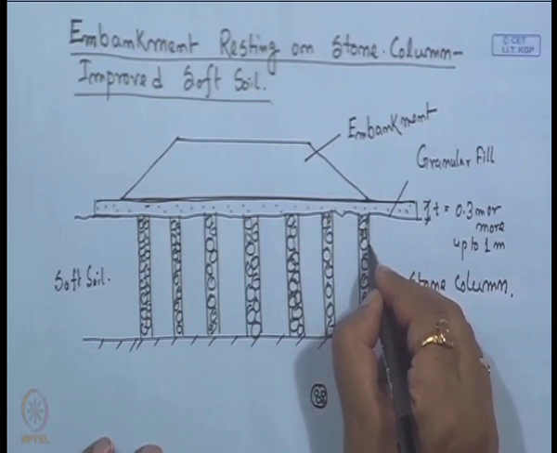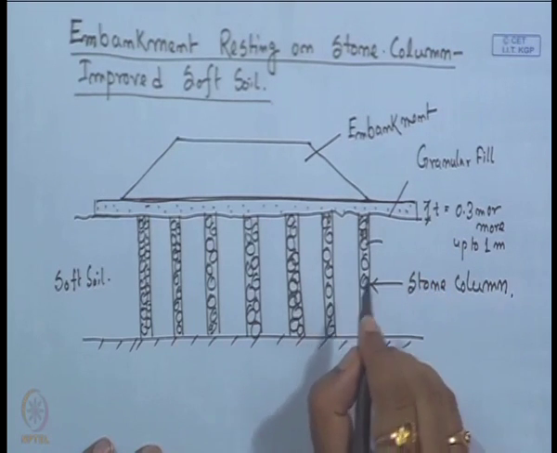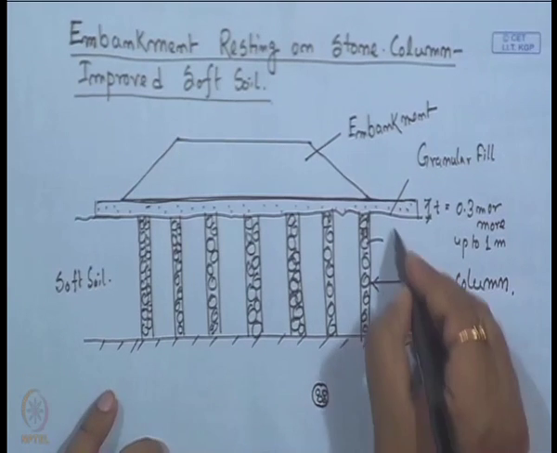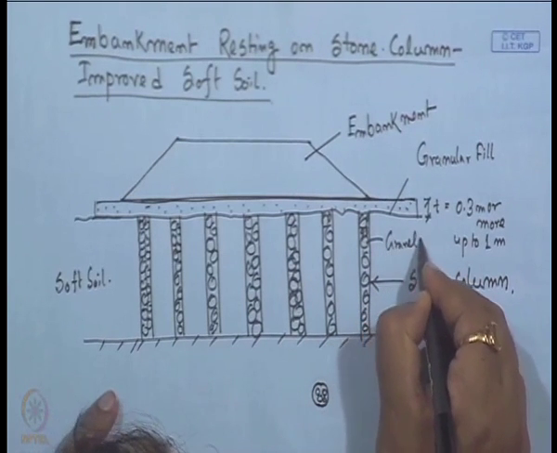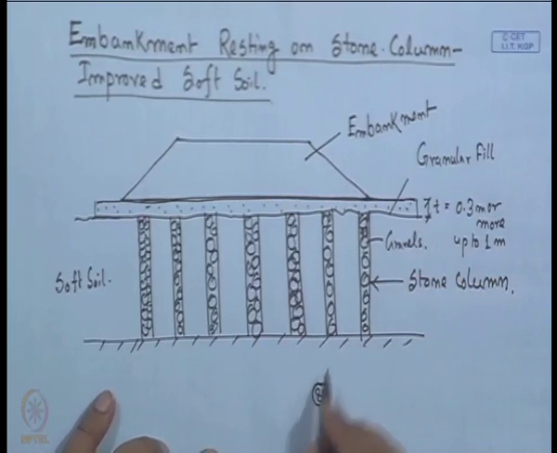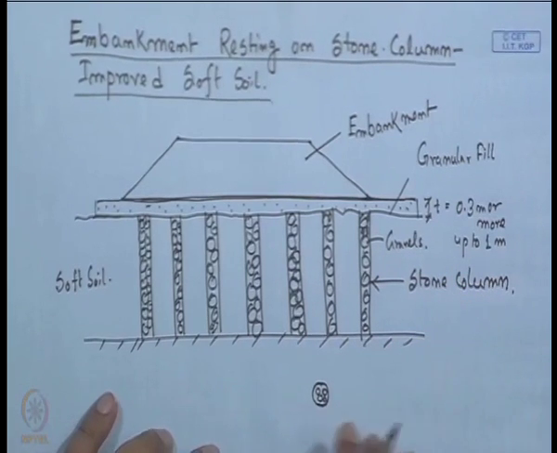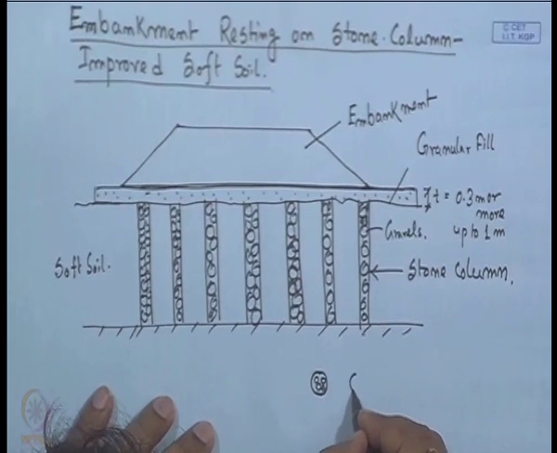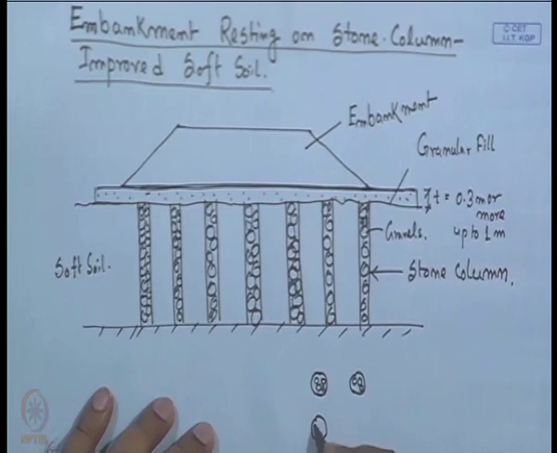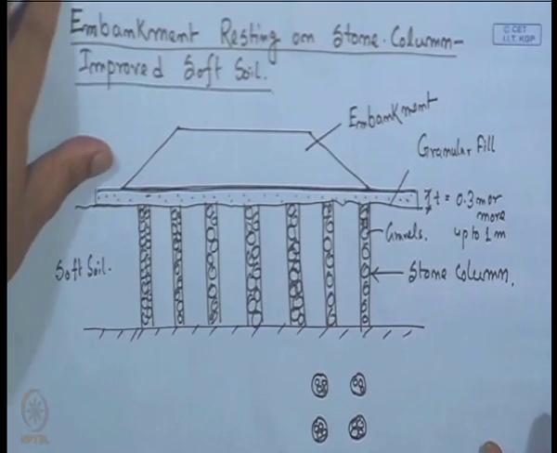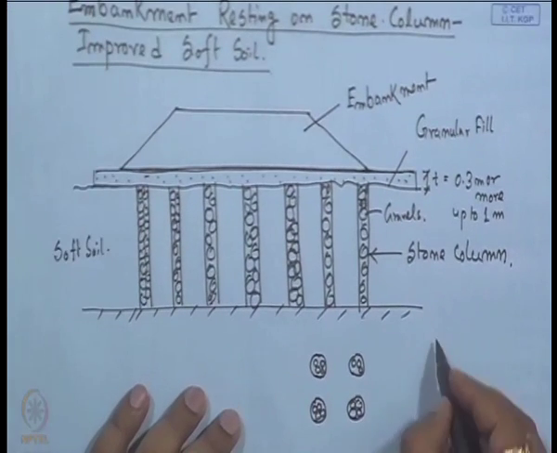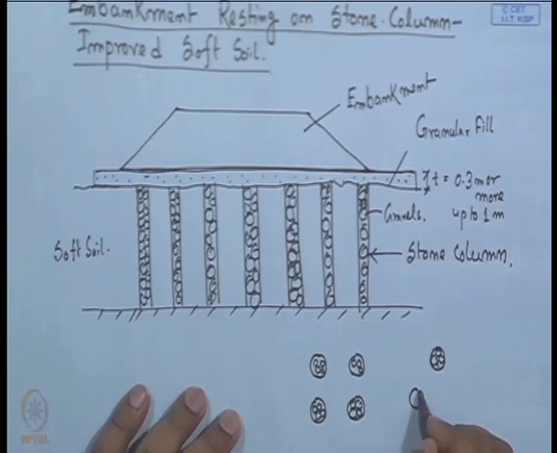These stones are generally gravels which are inserted into the ground, and these columns are placed in the ground in a square pattern, or we can place them in a triangular pattern also.